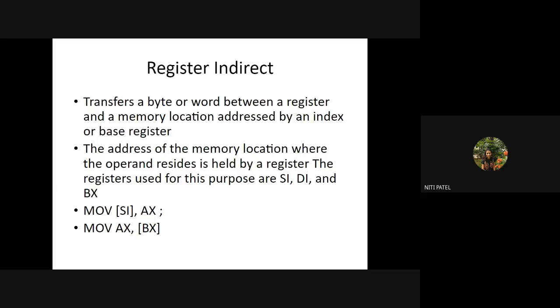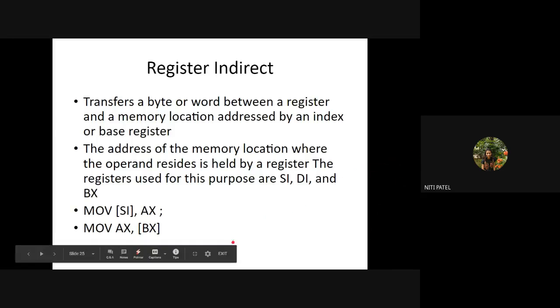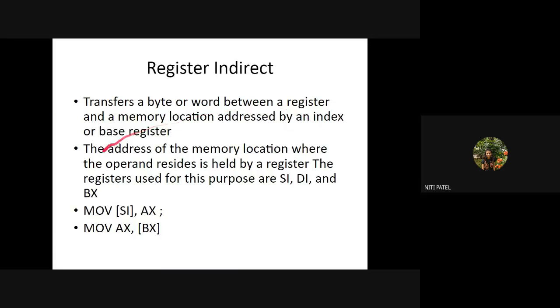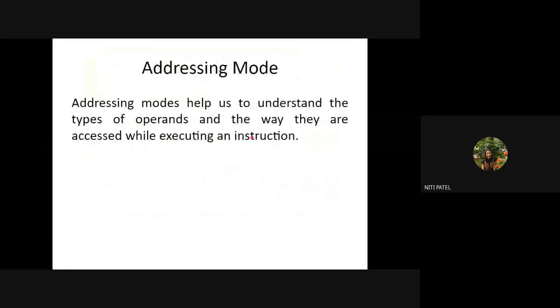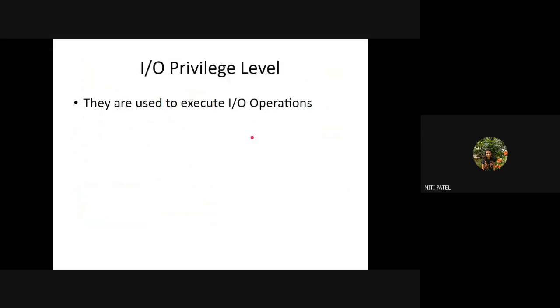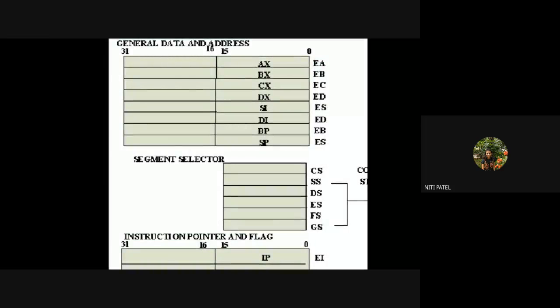Next we have register indirect. Now what is there in register indirect? Transfer a byte or a word between a register and a memory location addressed by the index or a base register. Now, do we know which is the base register? Yes. If you know the register organization properly, my BX is the base register.